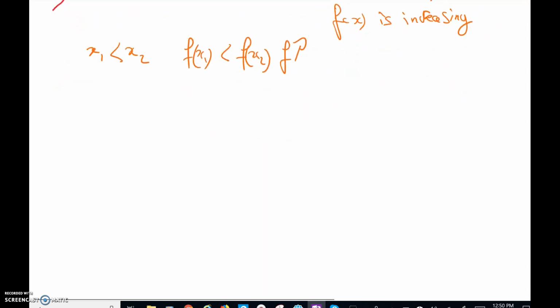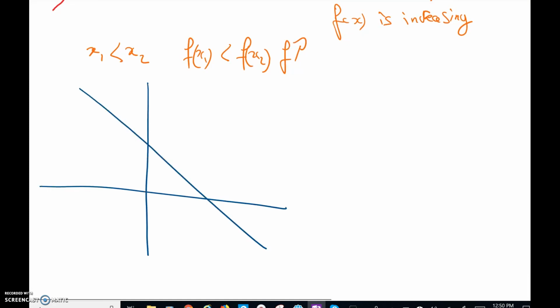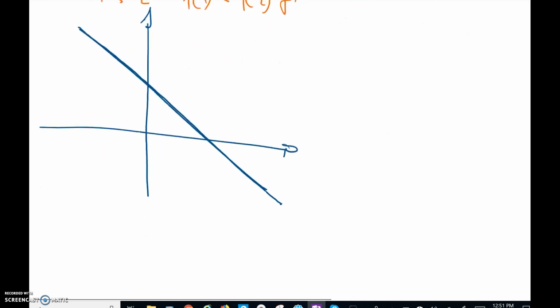Now, let's imagine I graph another line and this line is going down. Your graphing calculator is starting from the top left and going down. You're going to say, oh, it's decreasing. It's natural. Now, if I apply exactly the same thing, I take two points.